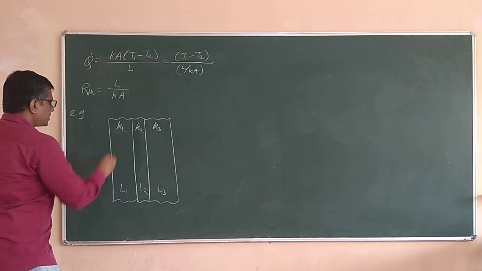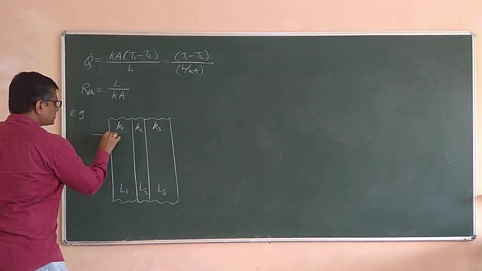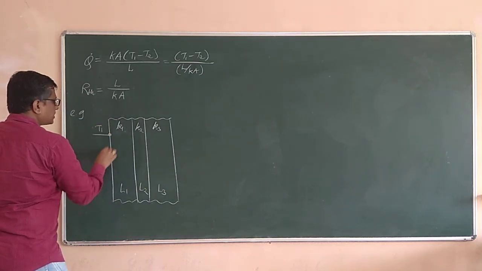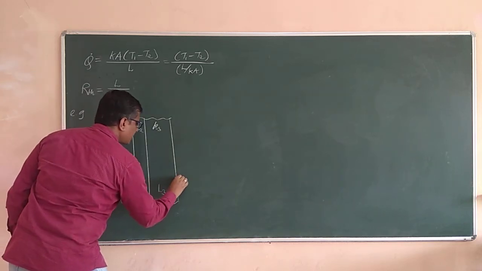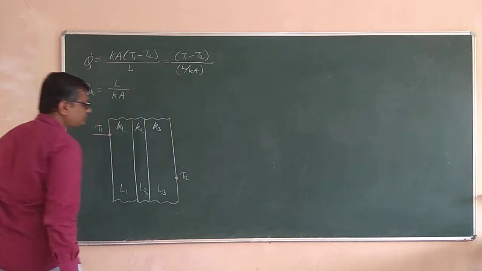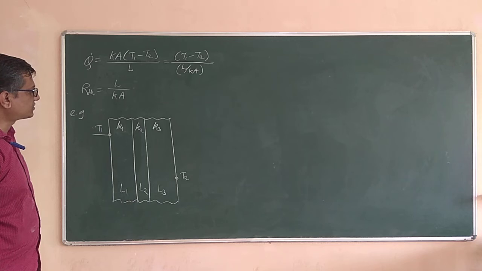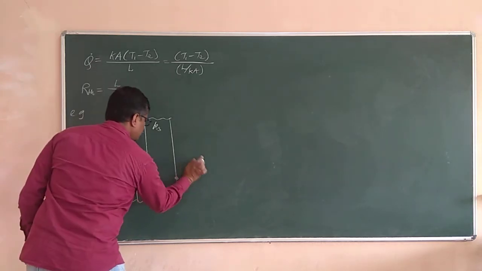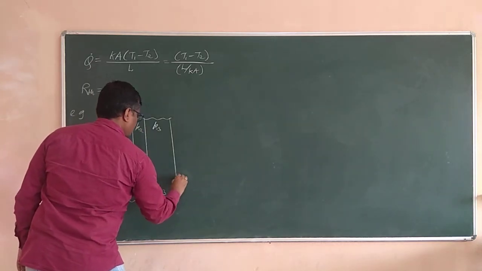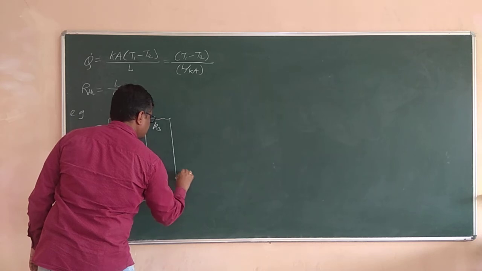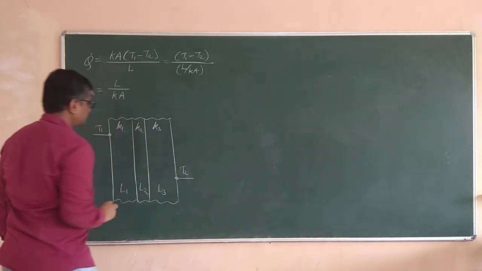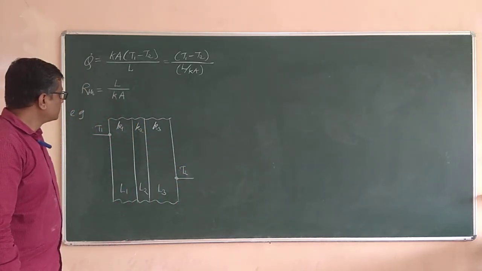The temperature at the left surface of the slab is T1 and the temperature at the right surface of the slab is T2, something like this, right?